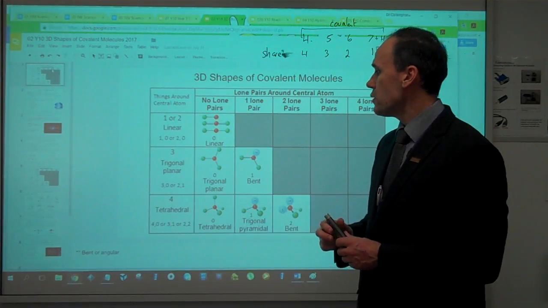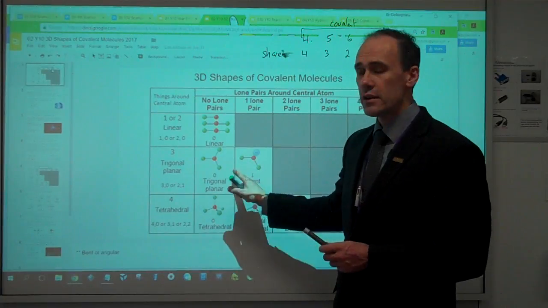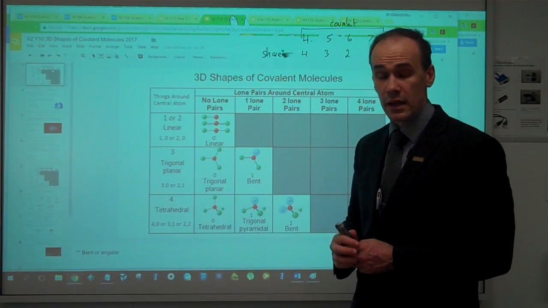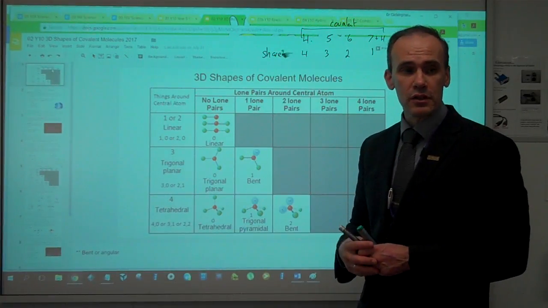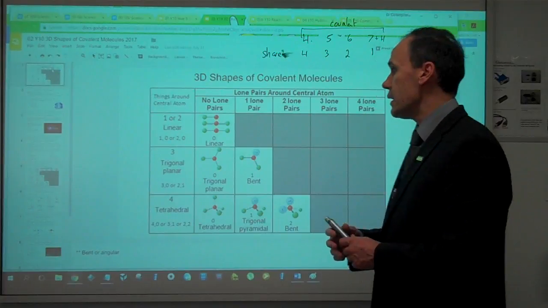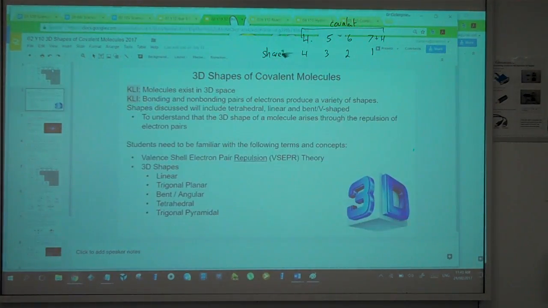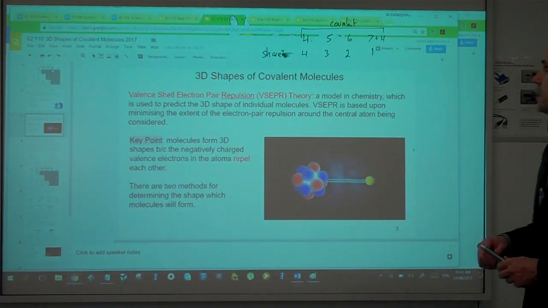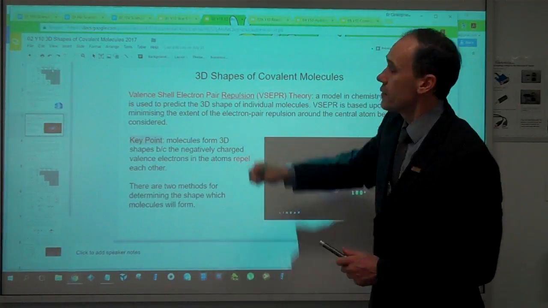Most of the time, the questions in these sorts of assessments involve recognising shapes, not working out shapes. But that can happen, where you get given a formula and you need to work out the shape that it forms. And how do you do that? Remember, from VSEPR, key point: valence shell electron repulsion theory.